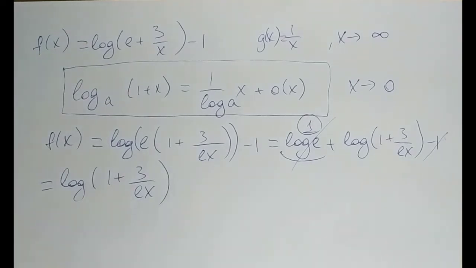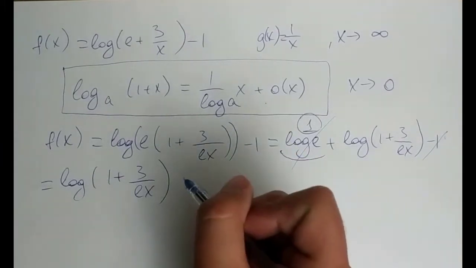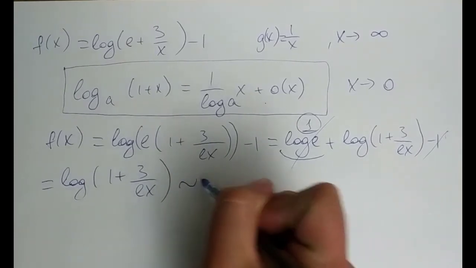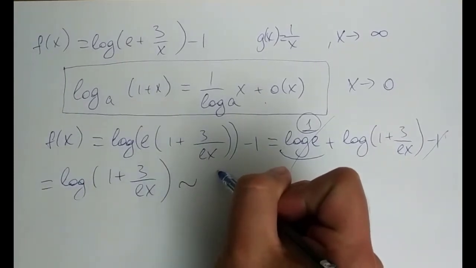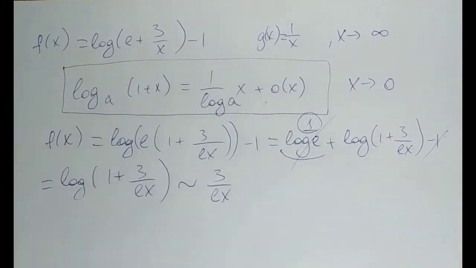And using this equation, it is equivalent to 3 over e times x.